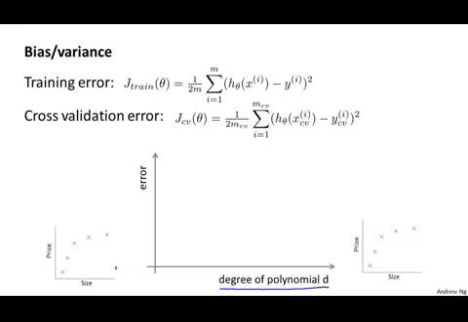So way on the left of this figure, where maybe d equals 1, I'm going to be fitting very simple functions, whereas way on the right of the horizontal axis, I have much larger values of d, so I have a much higher degree polynomial. And so here, that's going to correspond to fitting much more complex functions to your training set.